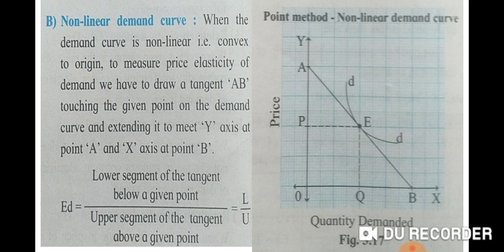If EB is greater than EA, elasticity of demand is greater than 1, that is relatively elastic demand. If EB is less than EA, elasticity of demand is less than 1, and the type is relatively inelastic demand.